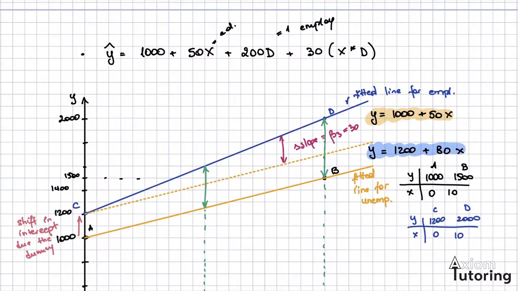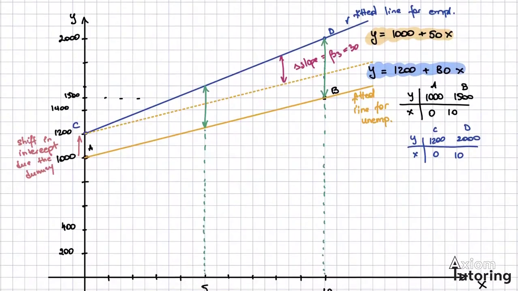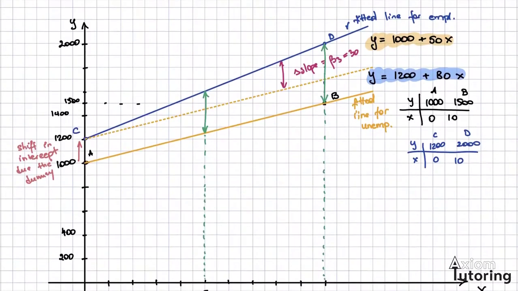Based on this information, we figured out that the two fitted lines were the blue and the orange one, the orange one being the fitted line for the unemployed and the blue line being the fitted line for the employed people.